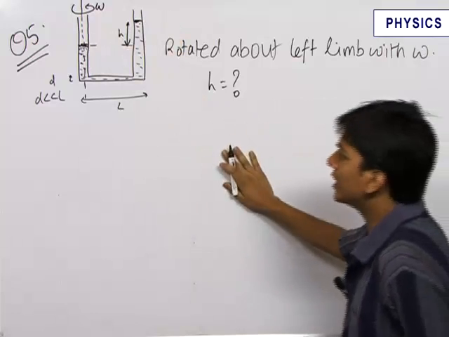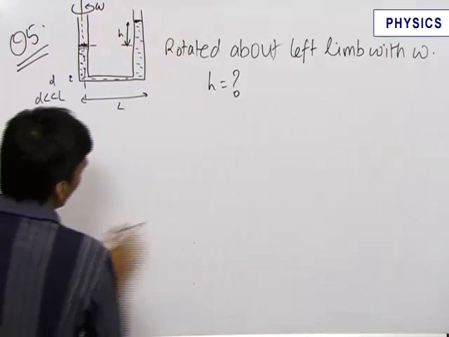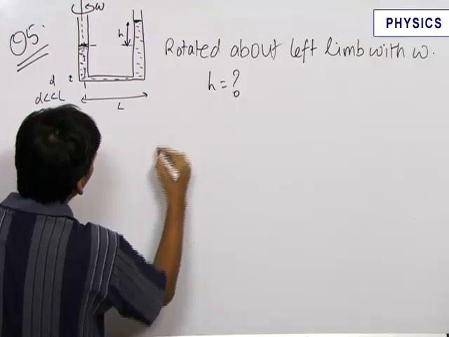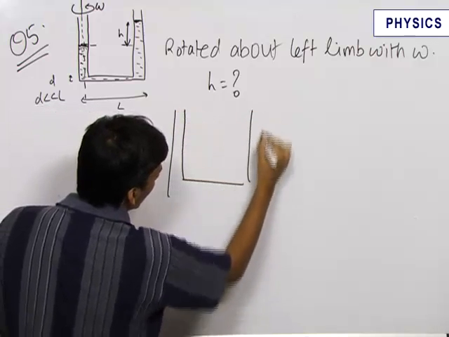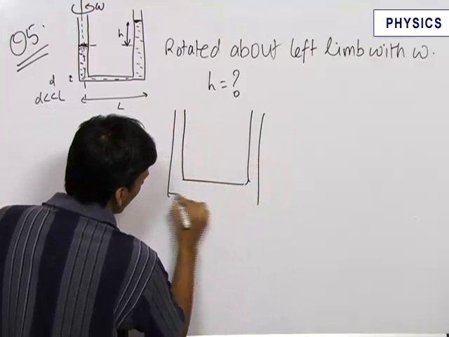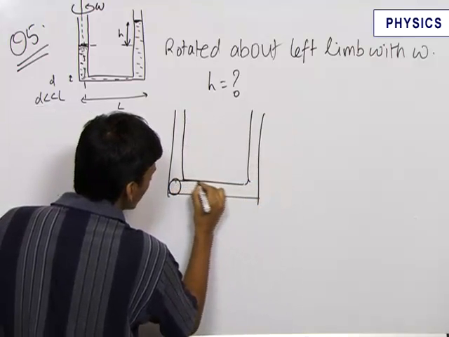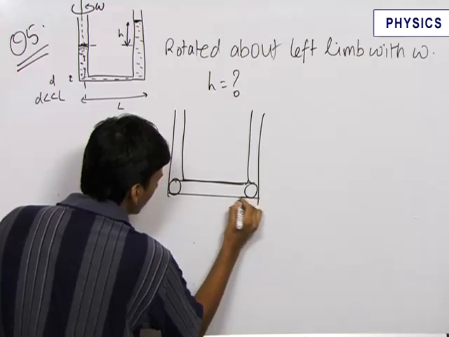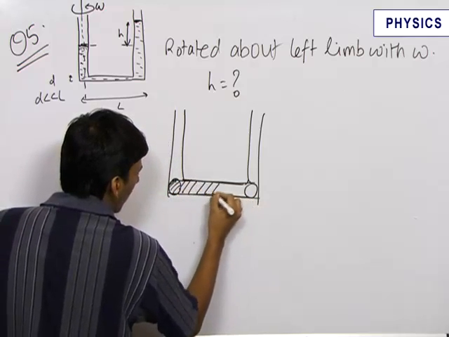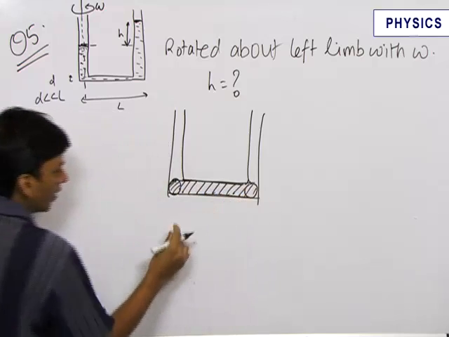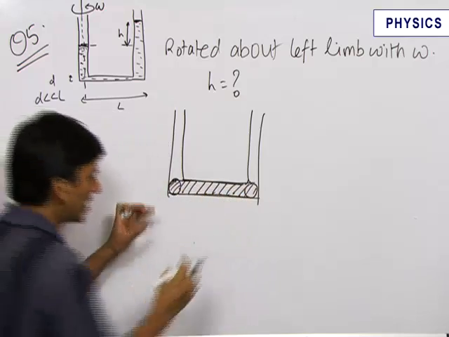Now for finding this out, we go about solving it in this fashion. We assume a cylinder of water over here. This is a cylinder of water, that is a water body.